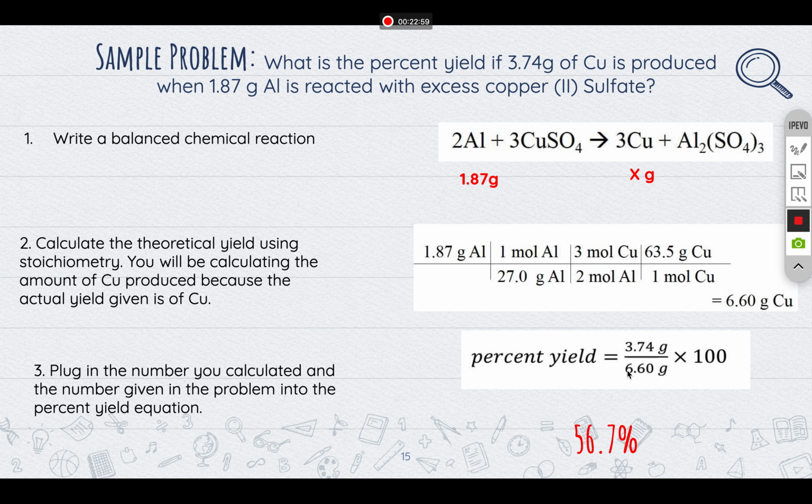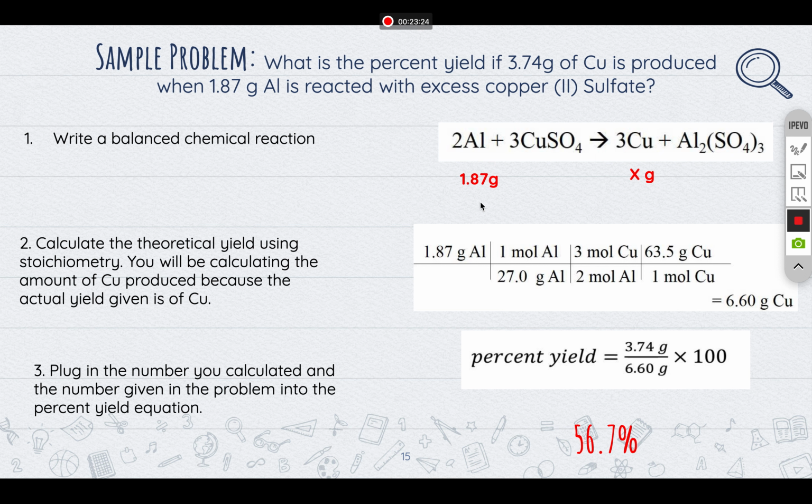Percent yield should be grams of copper divided by grams of copper. You can't have grams of copper divided by grams of aluminum sulfate. The unit on top has to be exactly the same as the unit on the bottom. You can't compare apples and oranges; you have to compare the same product top and bottom.